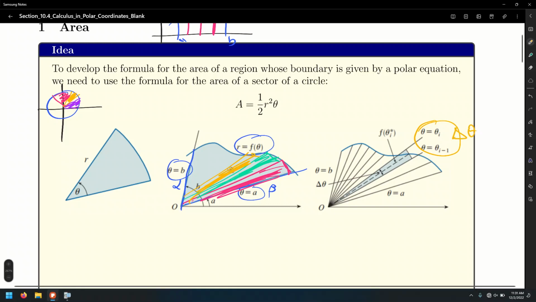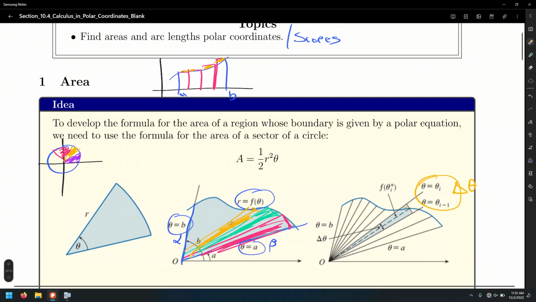In the same way that we had a delta x in the rectangular system, which is the length of the base of the rectangle, and then the height was given by the values of the function. In this case, if you think of this as a rectangle, the height of the rectangle this time is the radius of that circular sector, and that's given by evaluating the function in the same way that the height of the rectangle was given by evaluating the function at the value of x.